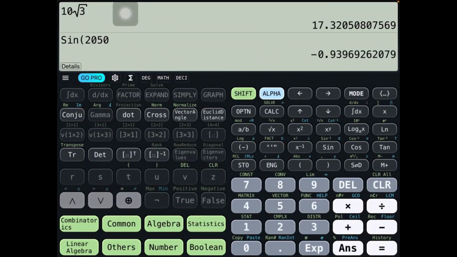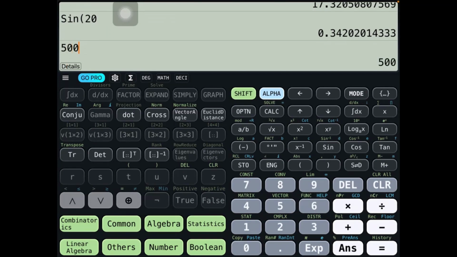500 divided by 0.3420, and that is 1461.988. Since the third digit, the thousandth digit is 8, we're going to add 1 dun po sa ating hundredth digit.